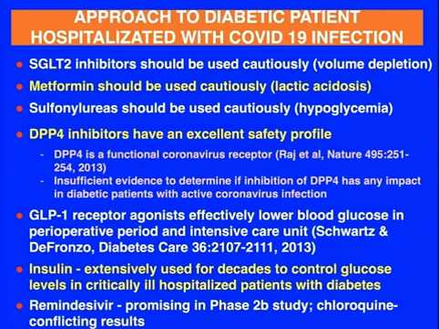Now, there are lots of novel drugs that are being tested. You heard a little bit about one of these earlier, remdesivir. There has been a large phase 2b study that looked very good. There's a phase 3 study that's going on. Of course, this drug has not been approved for use.